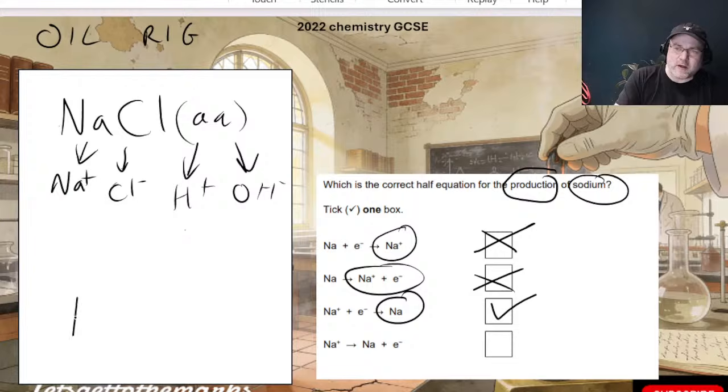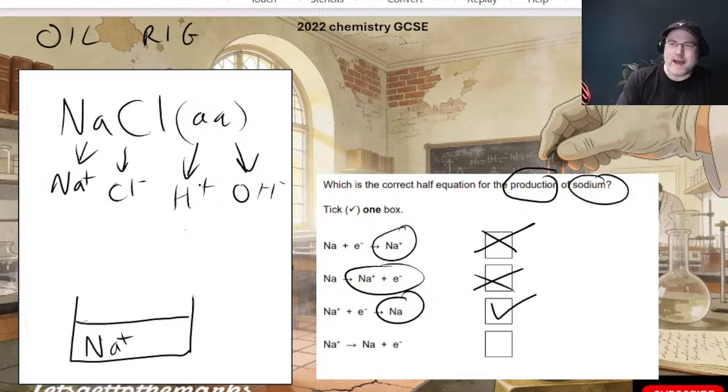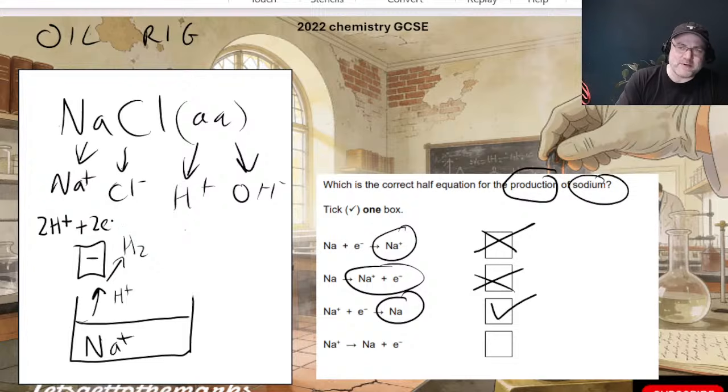Sodium stays behind in the solution, and the hydrogen ions go to the negative electrode, and H plus ions become H2, and then we can write the equation for that, which would be 2H plus plus 2e minus goes to H2.